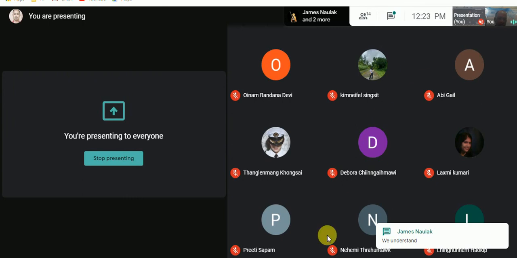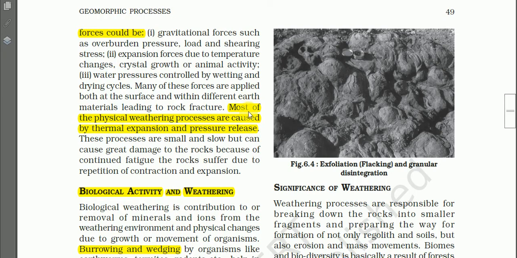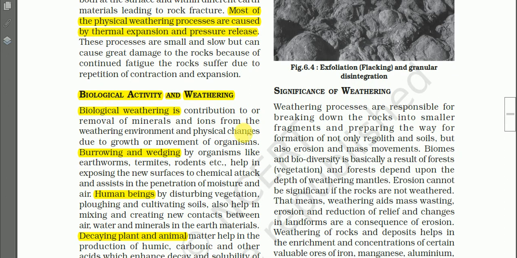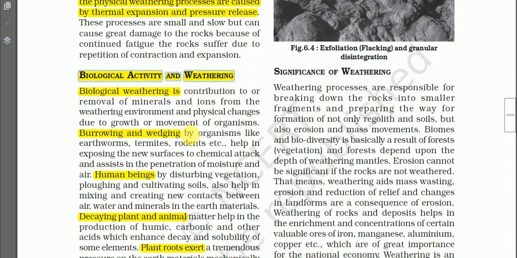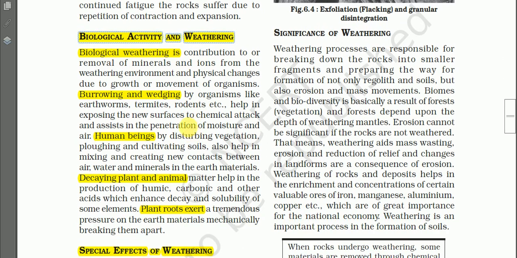Okay, good. Then the next type of weathering process is biological activity, that is biological weathering. So let us read. Biological weathering is the contribution to or removal of minerals and ions from the weathering environment and physical changes due to growth or movement of organisms.